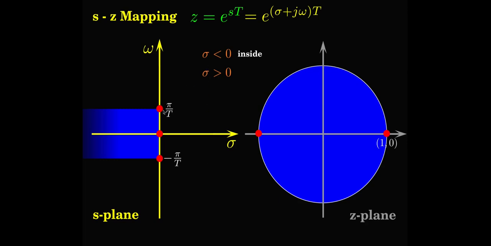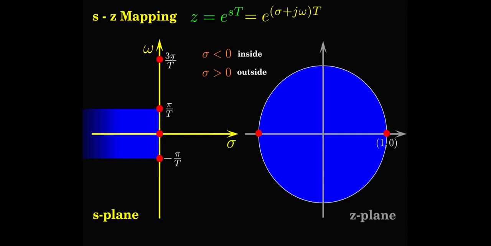Now for sigma greater than 0, positive sigmas, e to the power of positive sigma t will have values greater than 1. So they all will lie outside the unit circle. So all the points lying outside the unit circle are unstable. All the points lying inside the unit circle map to the left of this plane. Therefore, that is the stable region.